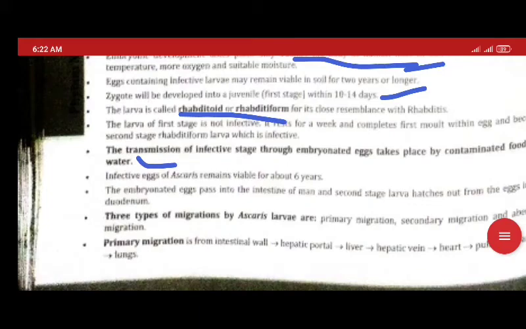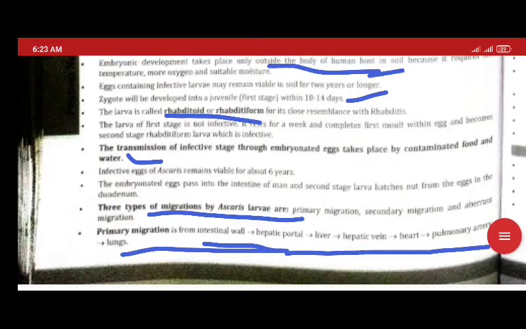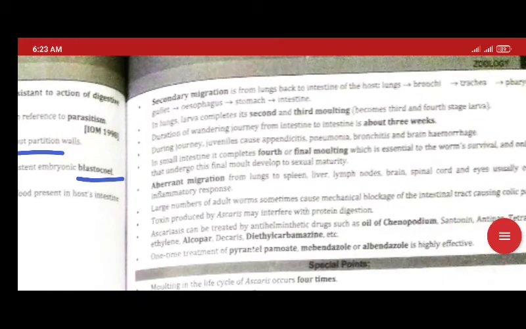Now 3 types of migration here, that is primary, secondary and apical migration. Primary migration is from intestinal wall to lungs: intestinal wall, liver, hepatic vein, heart, pulmonary artery, then lungs. Next we have secondary migration.